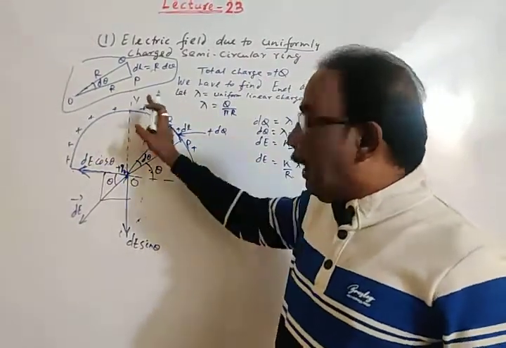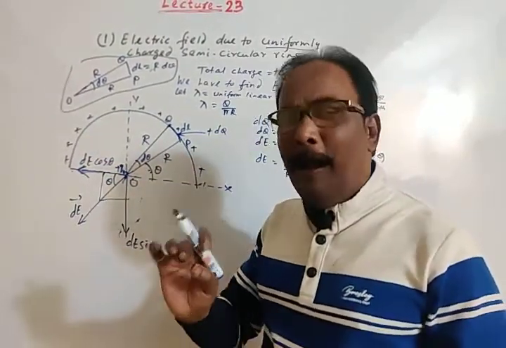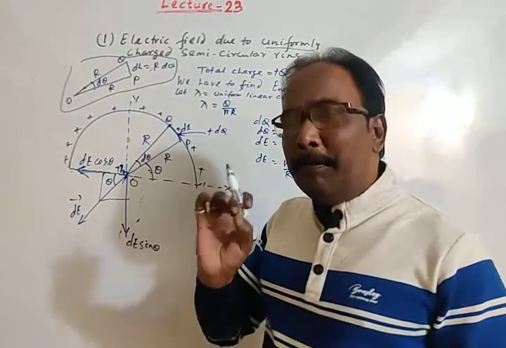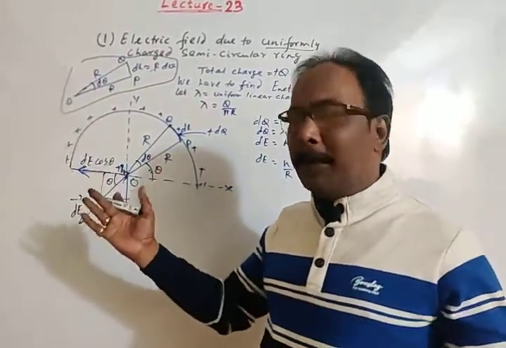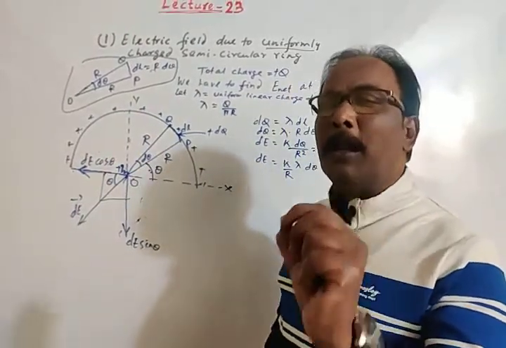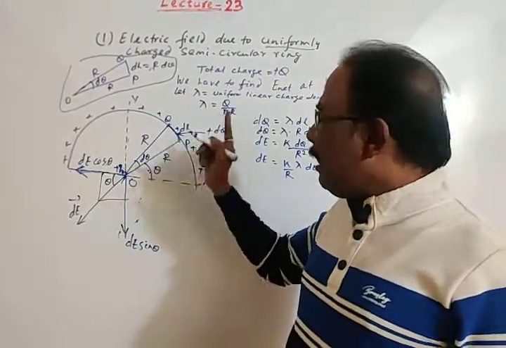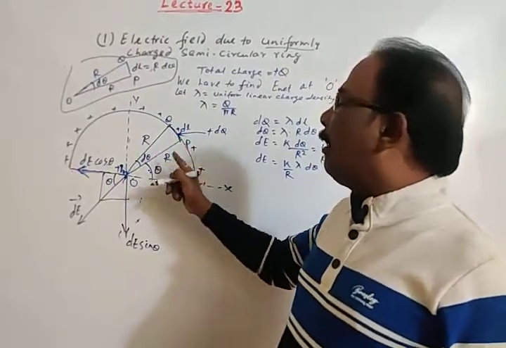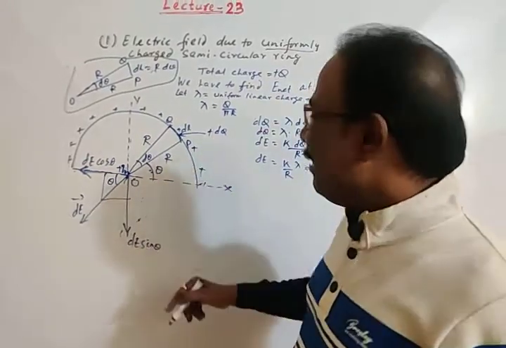See, the whole length of the semicircular ring can be divided into equal number of segments, each elemental length dl carrying charge plus dq.